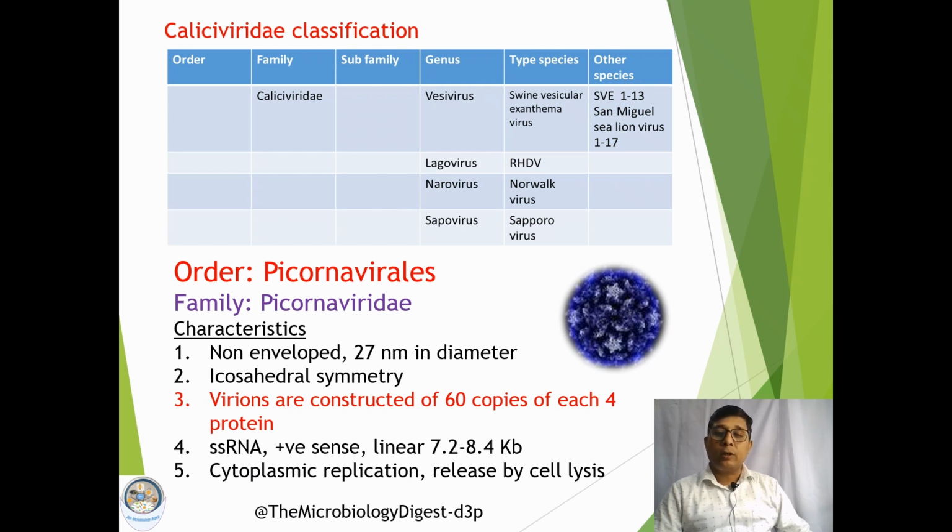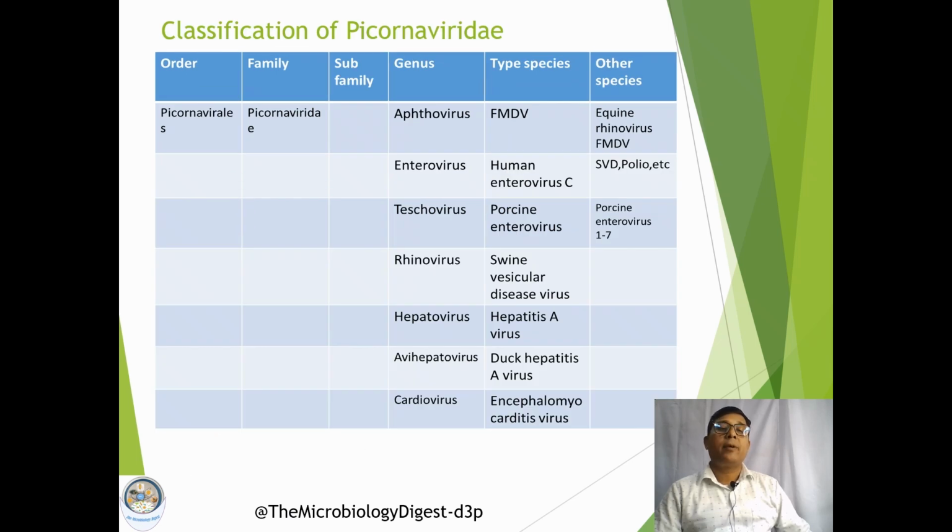Genome is single-stranded, positive sense, linear, and this virus replicates in the cytoplasm and is released by cell lysis. It comes under the order Picornavirales, family Picornaviridae. No subfamily, but having 7 different genera: Aphthovirus, which includes the foot and mouth disease virus, Enterovirus, Teschovirus, Rhinovirus, Hepatovirus, Avihepatovirus, and Cardiovirus. This is the classification of Picornaviridae.